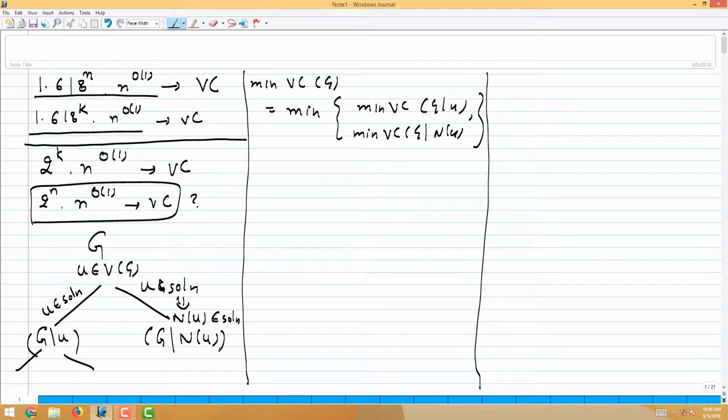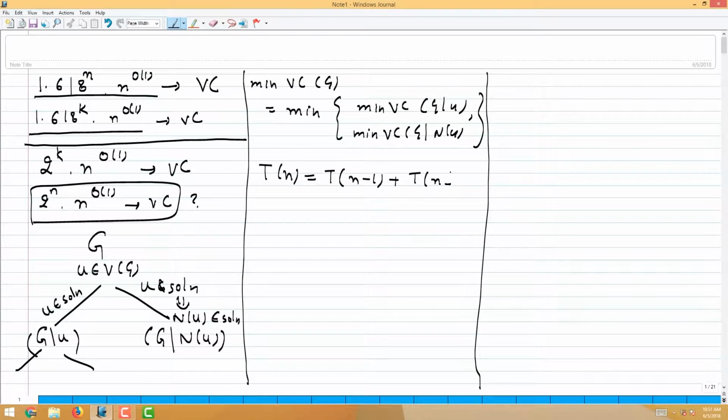So you say, let us say that, what does T(n) denote? But first of all, you have to tell me, what does T(n) represent? This is the recurrence that we wrote. Normally we say that, in this case, T(n) is the time taken to compute the vertex cover on an n vertex graph.